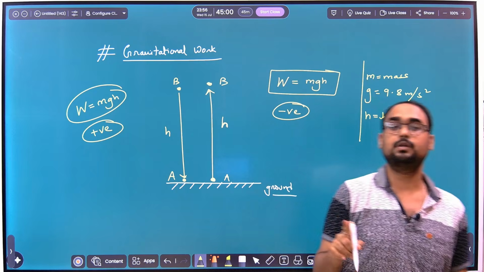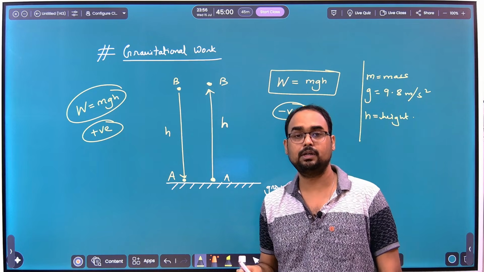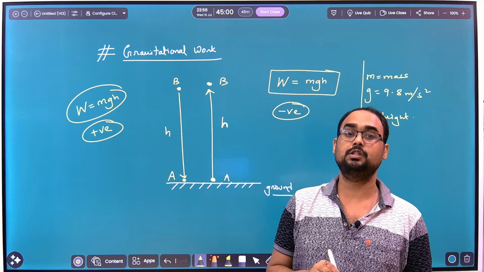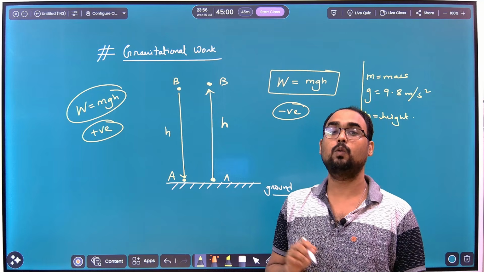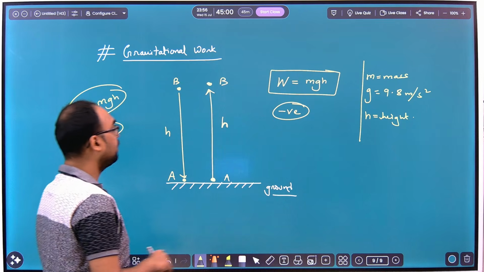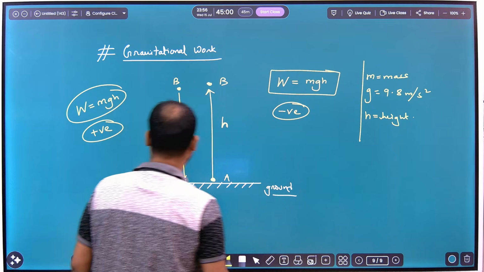So moving up is negative work done, coming down is positive work done. This is known as gravitational work. Many of you may consider this as gravitational potential energy also.